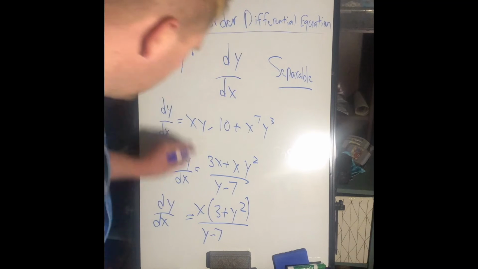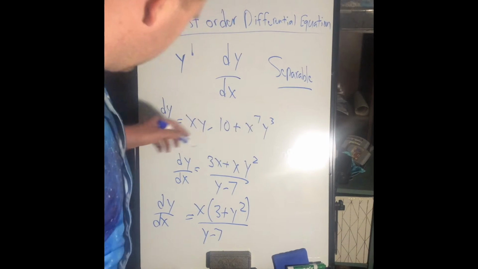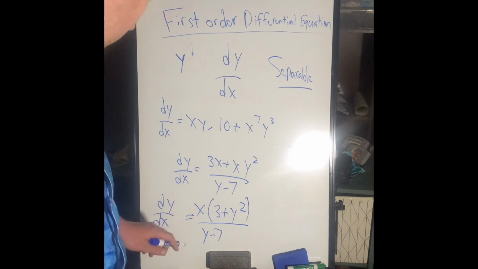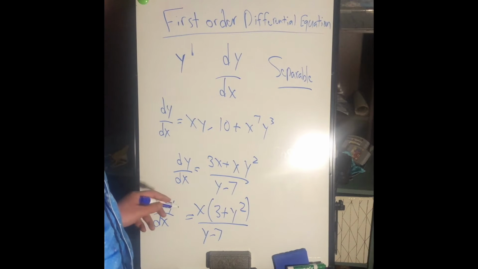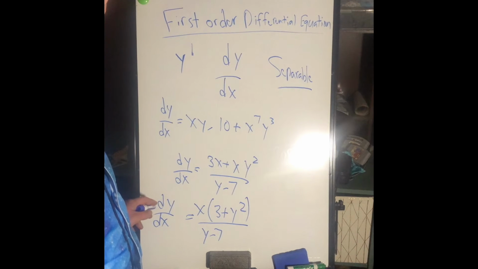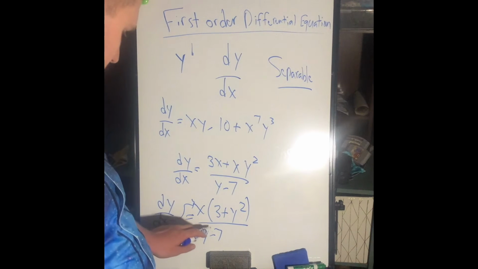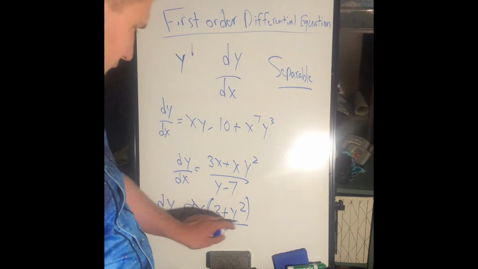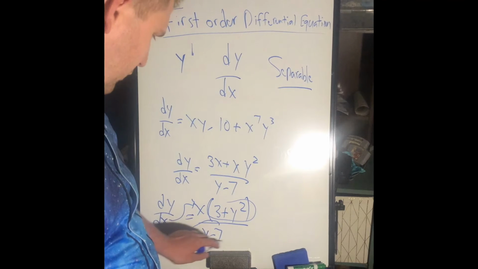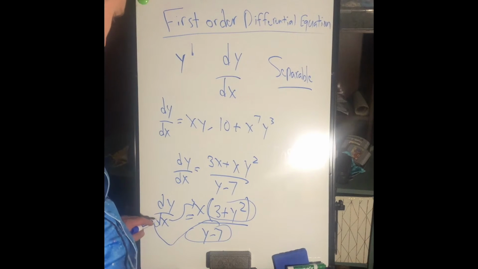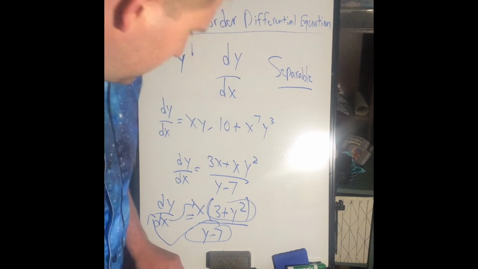Now we have to do a little flip. We want to multiply by dx over here, and then divide by this, and multiply by this to get it all on that side.